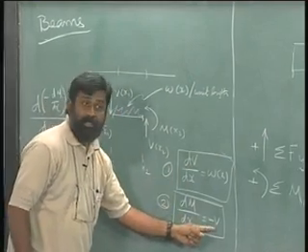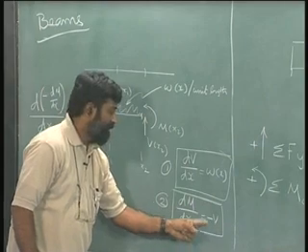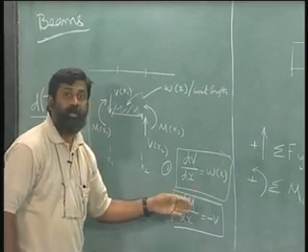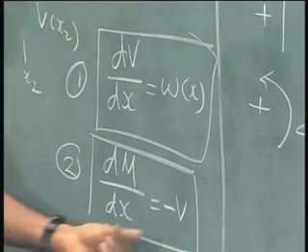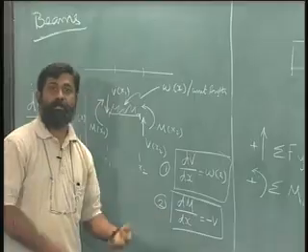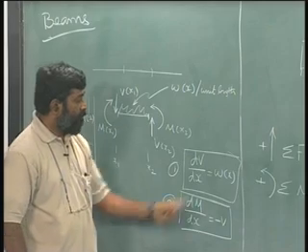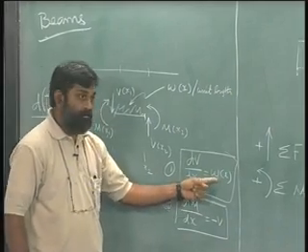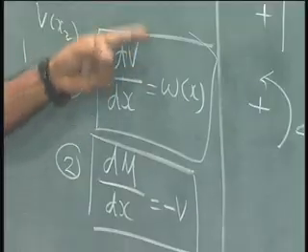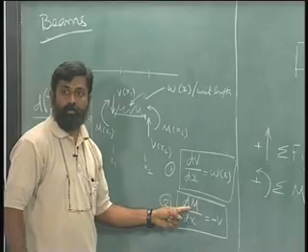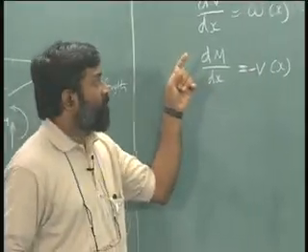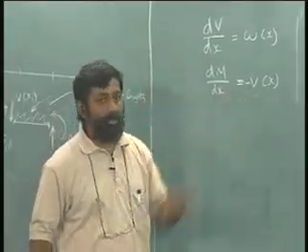If V is linear, dM by dx is one order, M has to be one order higher than V, so that M has to be quadratic. Okay. So, for a constant w, I have a linearly varying V. For a linearly varying V, I have a quadratic M.